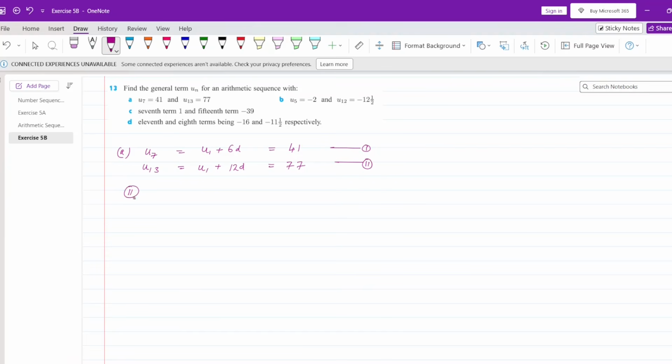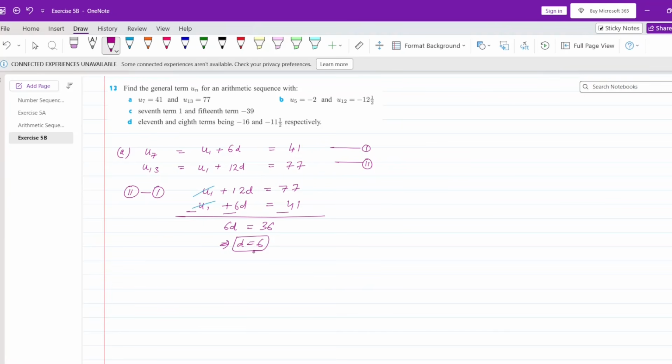If we subtract the first equation from the second, we get u1 plus 12d equals 77, u1 plus 6d equals 41. Negative, negative, negative. This u1 minus u1 is 0. This 12d minus 6d is 6d, and 77 minus 41 equals 36. Therefore, d equals 6.